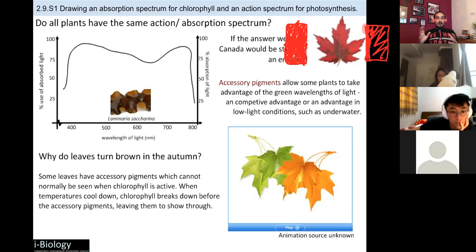But then chlorophyll starts to break down, and the browner pigments, or the reddish orange pigments, become more apparent on the leaf. They've always been there, but the chlorophyll was the more popular one. Boom. Yes, indeed.